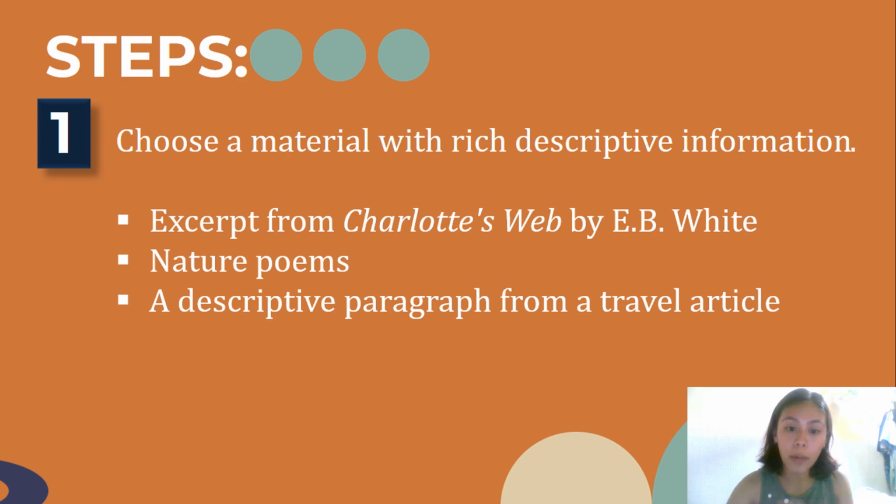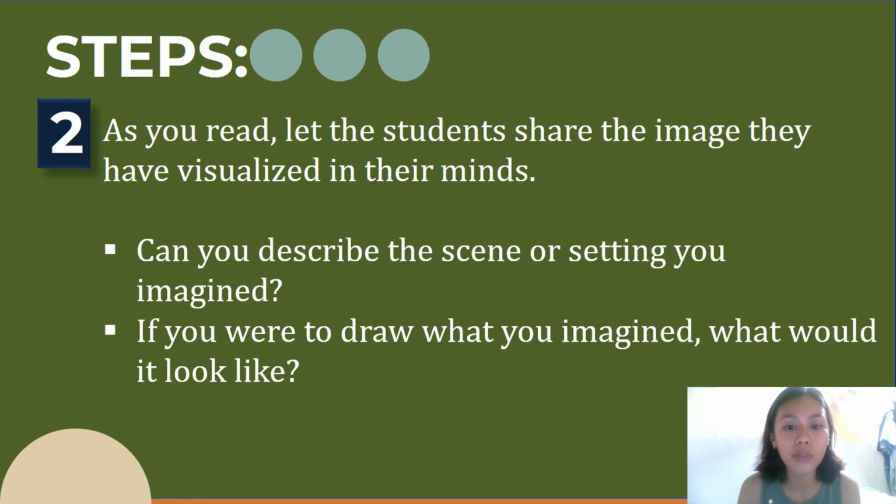And the second step is that as you read, let the students share the image that they have visualized in their minds. Meaning you have to pause after a paragraph or a scene and ask students what they imagine, and encourage them to describe it using specific details.